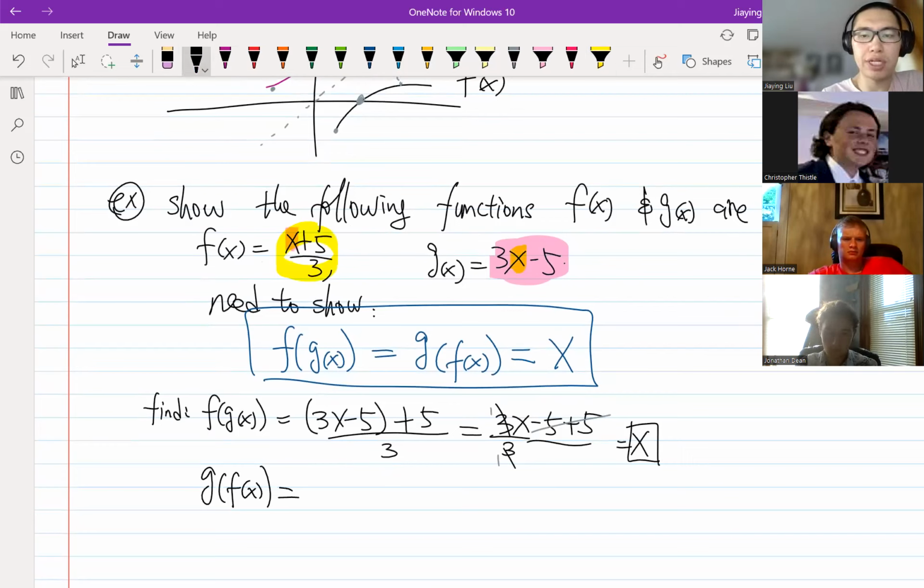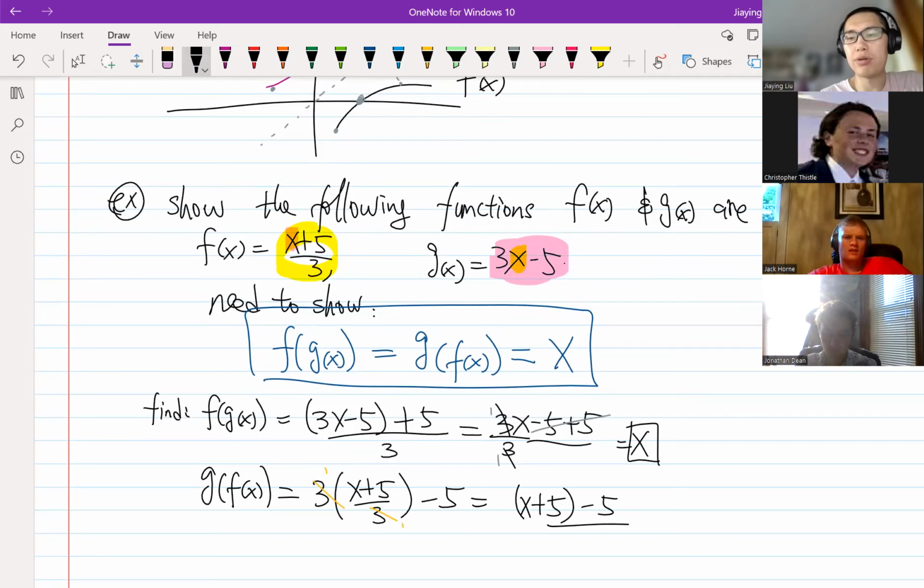So that's going to be 3 times the parentheses, x plus 5 over 3, minus 5. Again, if we simplify this, the 3 and the 3 cancel, giving us a 1, so we get x plus 5. And then we subtract 5, again the positive and negative 5 become a 0, so we get x.